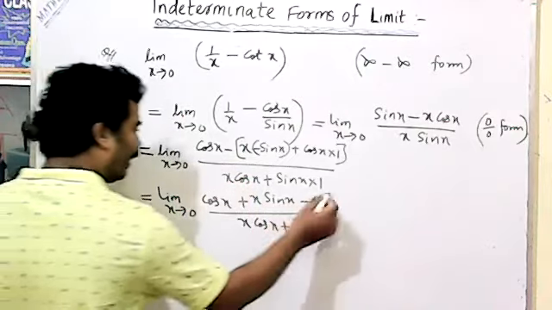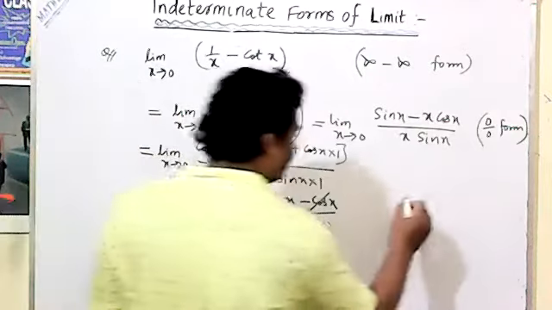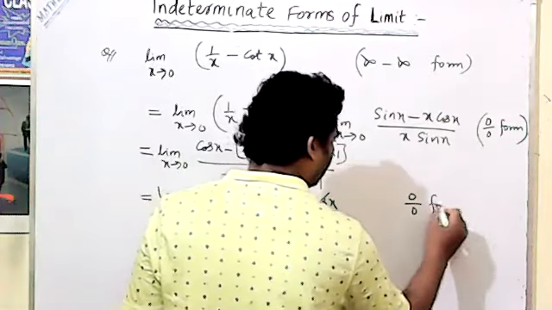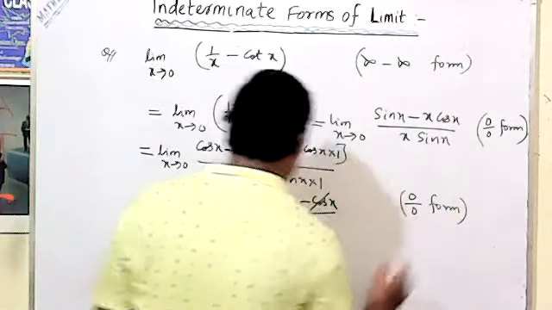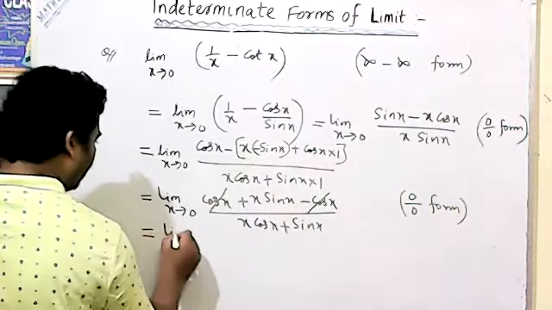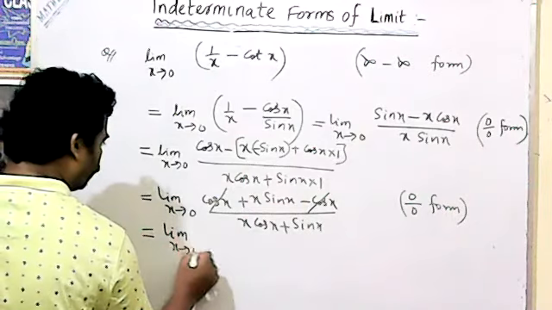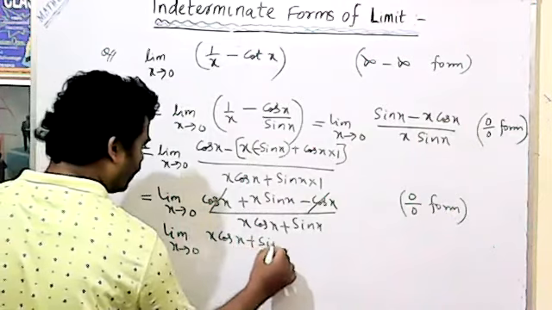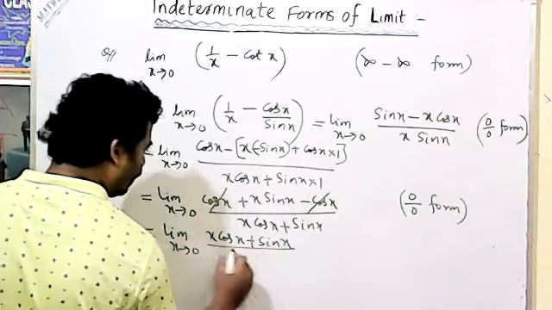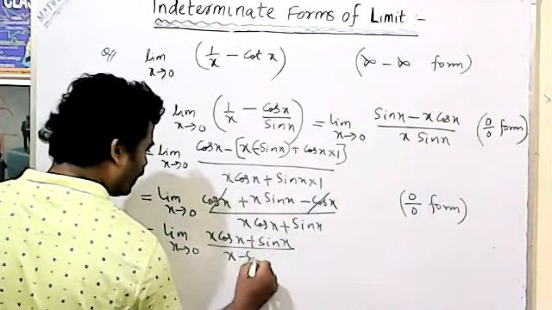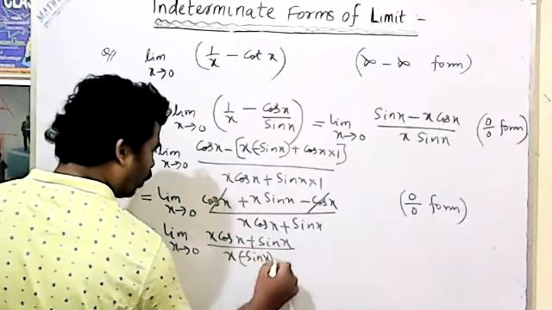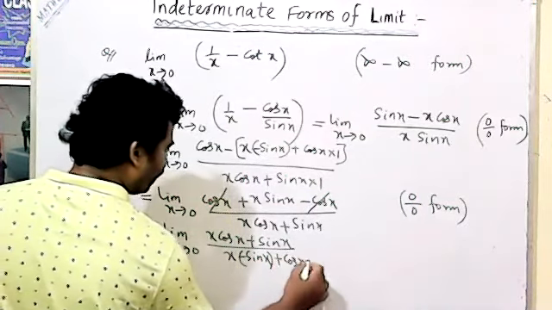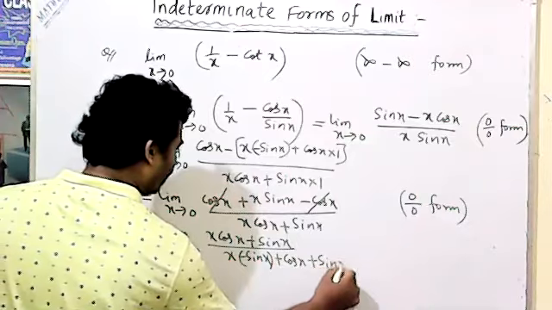Now again 0 by 0 form comes. So again take the derivative. x tends to 0, x into cos x plus sin x whole divided by x into minus sin x plus cos x plus sin x.